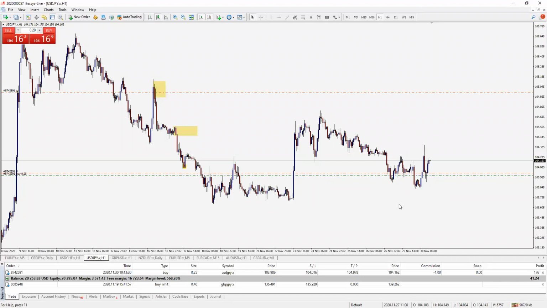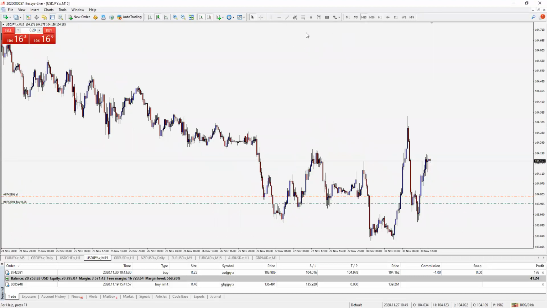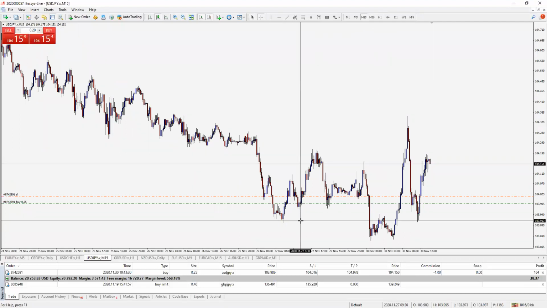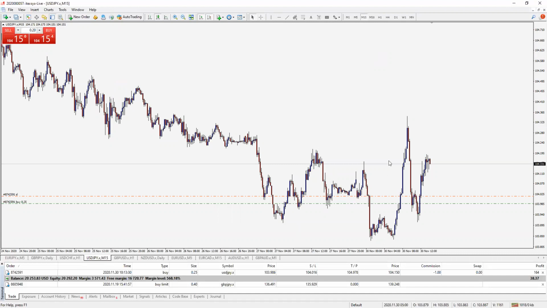The level of the Quasimodo is about here, which seems also like a demand, which is more important for us in order to get into a position. It's also exactly at the same level as the left shoulder here. If we switch this to the 15-minute chart, you can see it better. We have this, and then the price just ran way up and created a higher high.